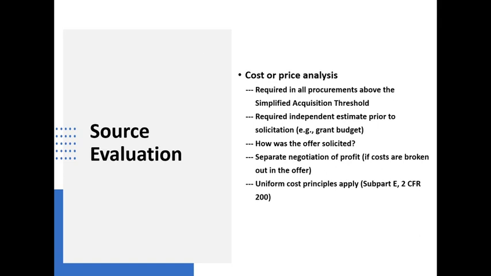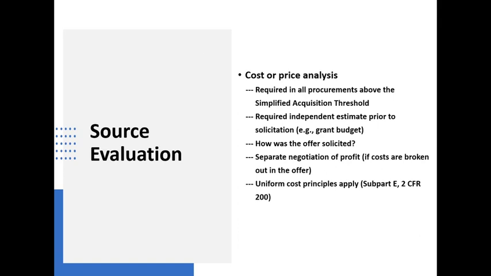But what it involves is an assessment of whether, if you get a fixed price offer, how that compares to other fixed price offers. If, on the other hand, the offer is broken out by individual cost elements that go into a bottom line price, then you're assessing whether the amounts of those costs are necessary, reasonable, and allocable.